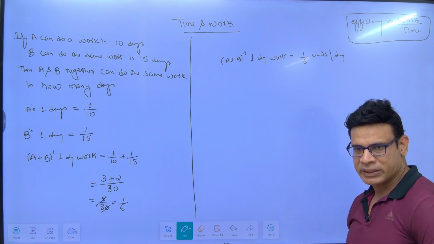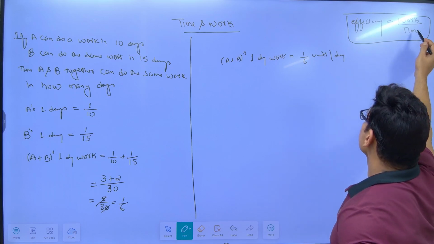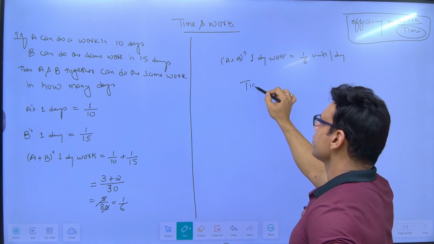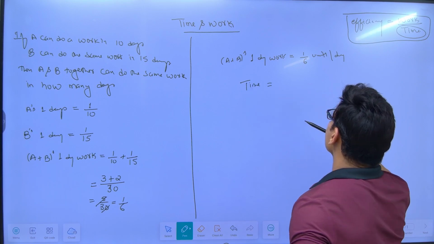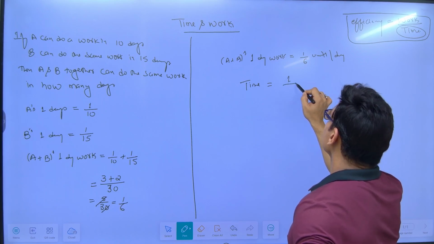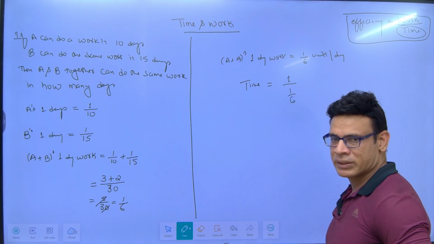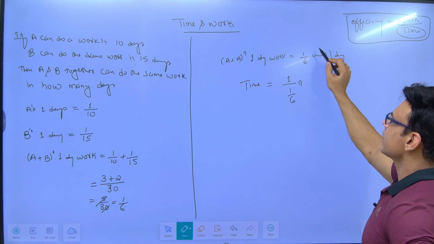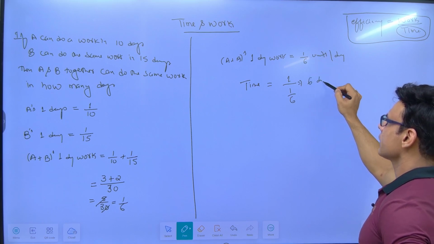So in how many days will they finish this work? Find out time. Time is equal to what? Work upon efficiency, which is 1 by 6, because total work in such cases we consider as 1 unit. Basically, its reciprocal. So it will become 6 days.